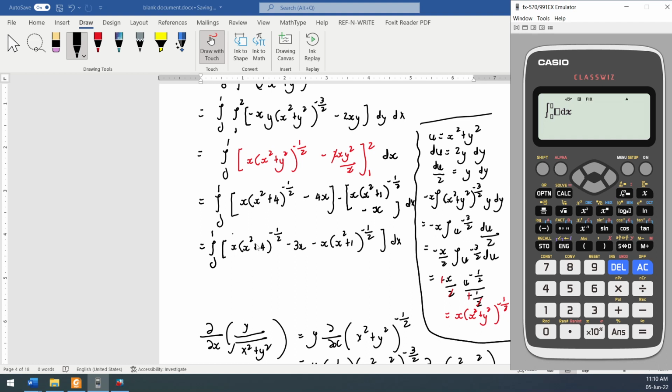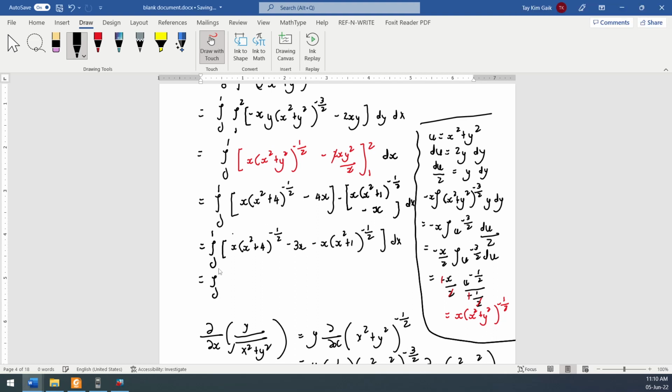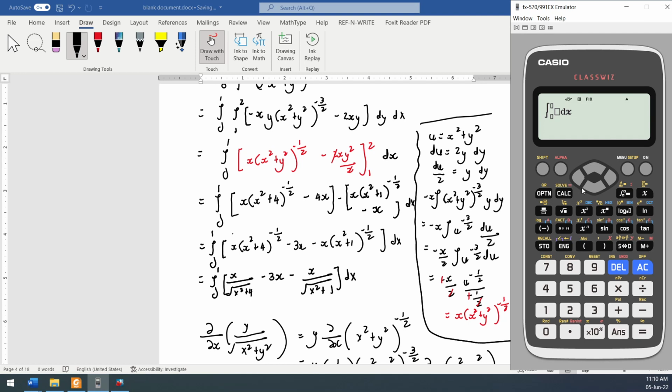Okay, I will change this one to square root, and for this one I prefer this form: x over square root of x squared plus 4, minus 3x, minus x over square root of x squared plus 1, dx. Okay, alpha x, divide square root of alpha x squared plus 4, and then minus 3 alpha x.